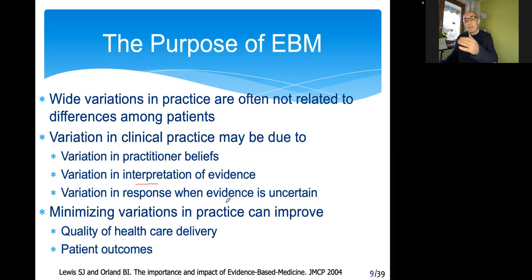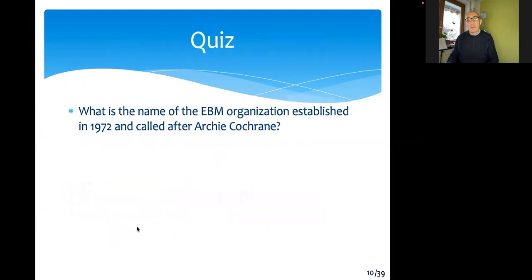There is always a place to move or decide by the practitioner. Evidence-based medicine in this regard will help to minimize the variations in this practice. And of course, at the end, it should improve the quality of healthcare delivery and patient outcomes.